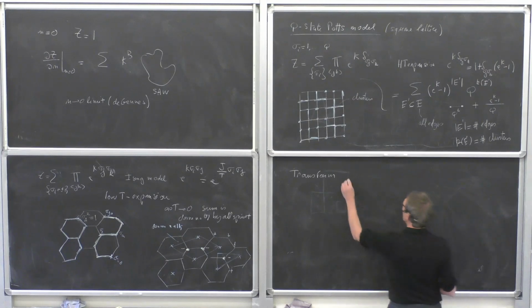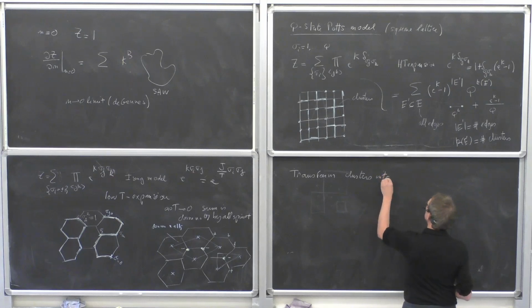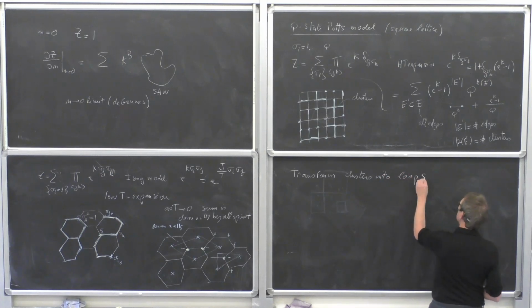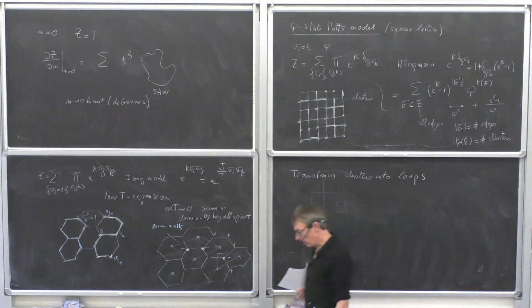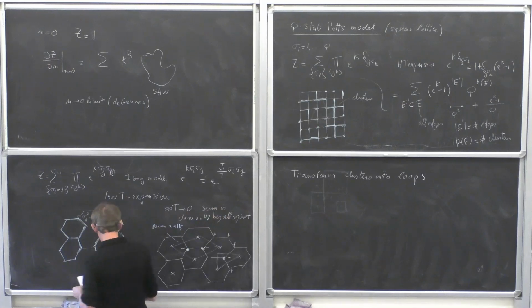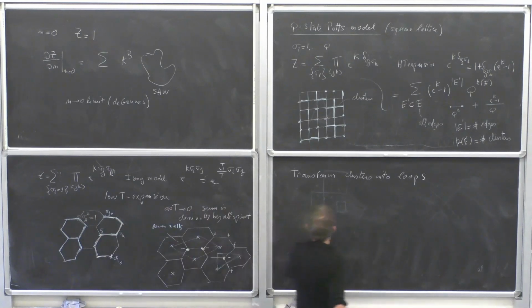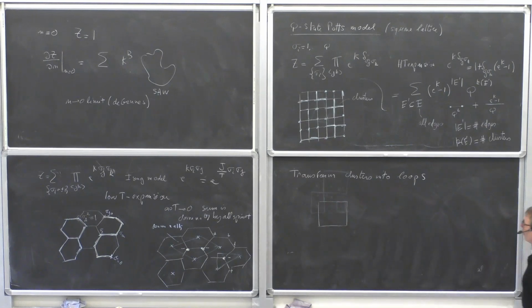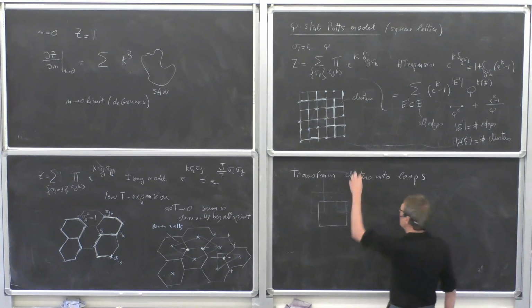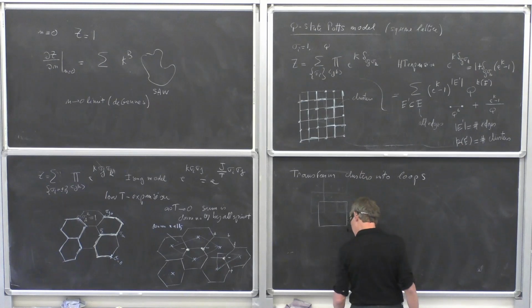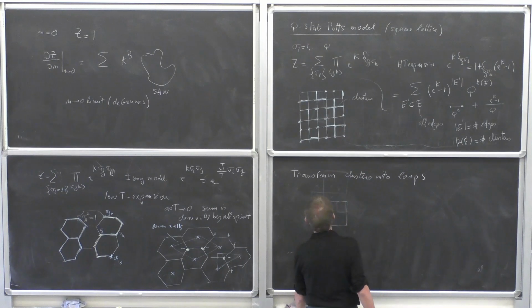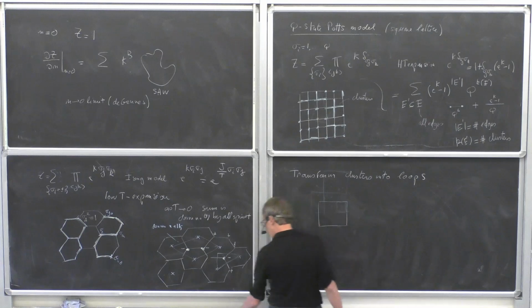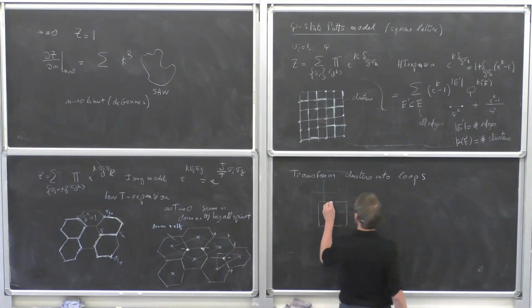So let's transform the clusters into loops. So this is done in general using a bit of geometry by associating. So now let me blow up one face of the square lattice. So this is just one face of this lattice. And then I need to introduce what is called a medial lattice. So what is the medial lattice?